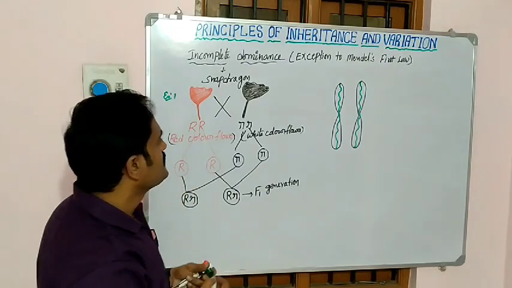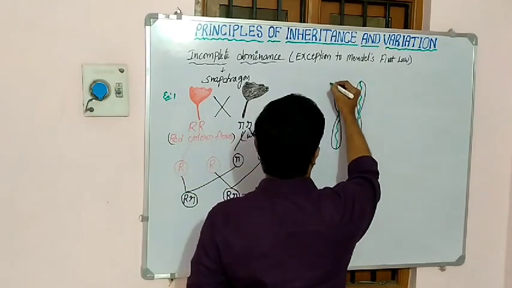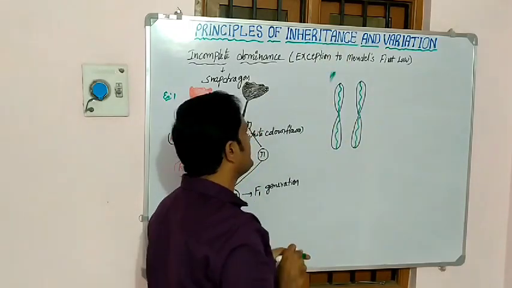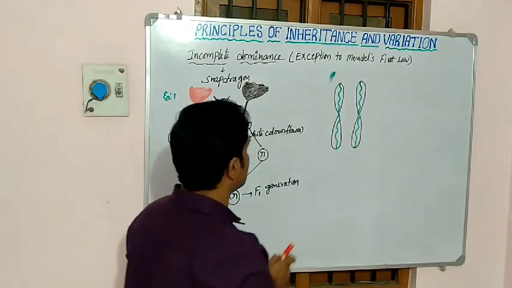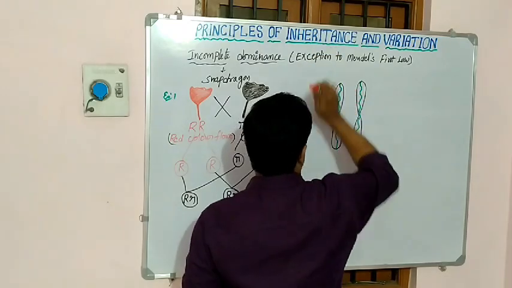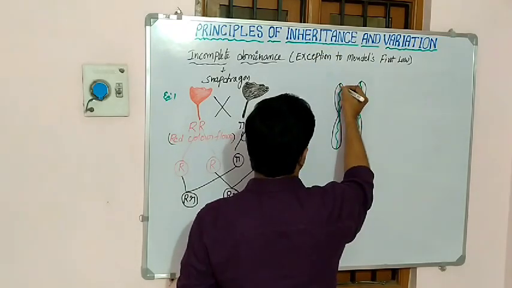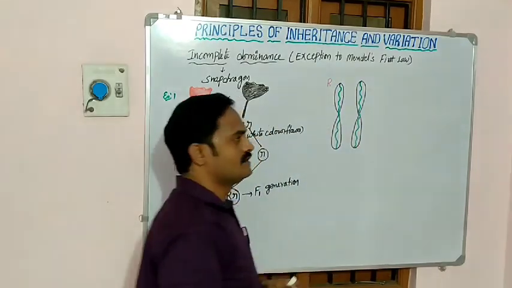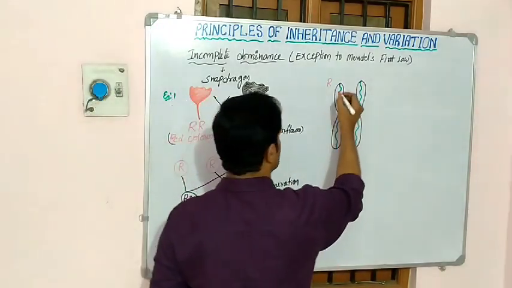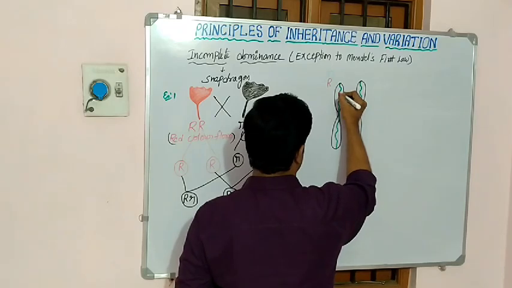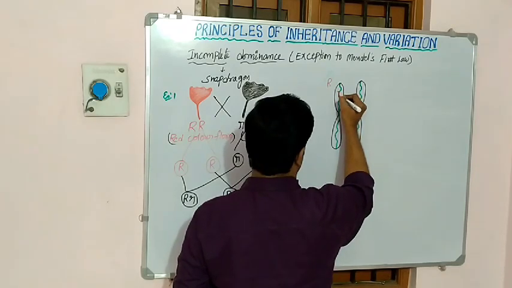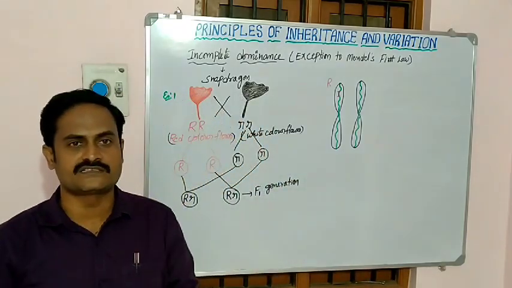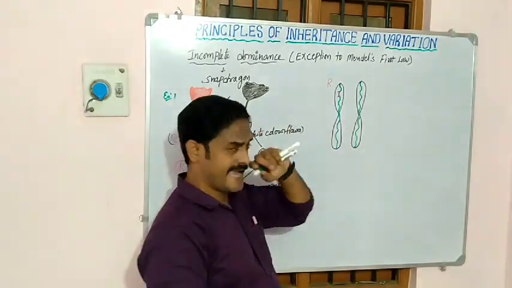So this belongs to capital R. Capital R means what? It indicates the red color. I will use a red color pen. See, this chromosome consists of capital R. A part of DNA is called a gene. So the gene present here indicates capital R.